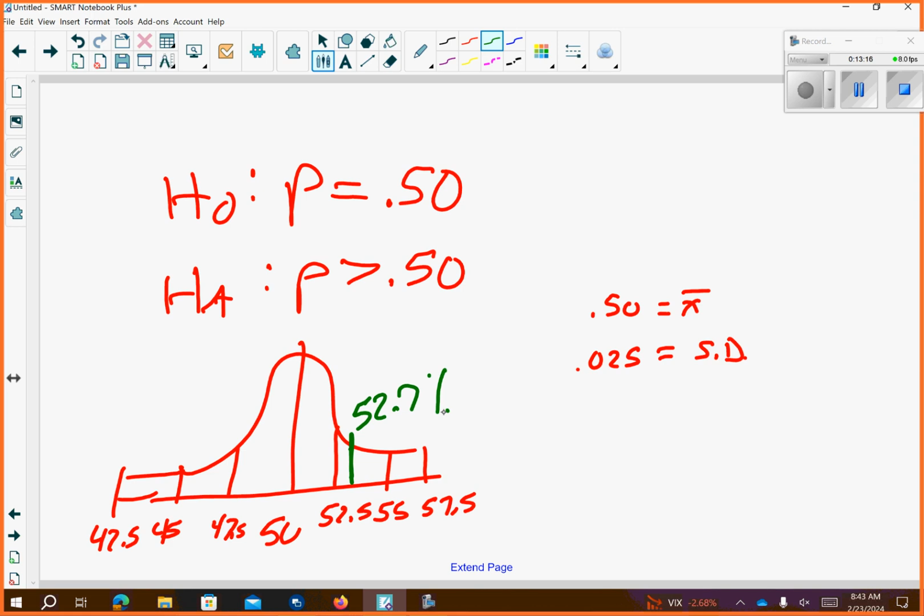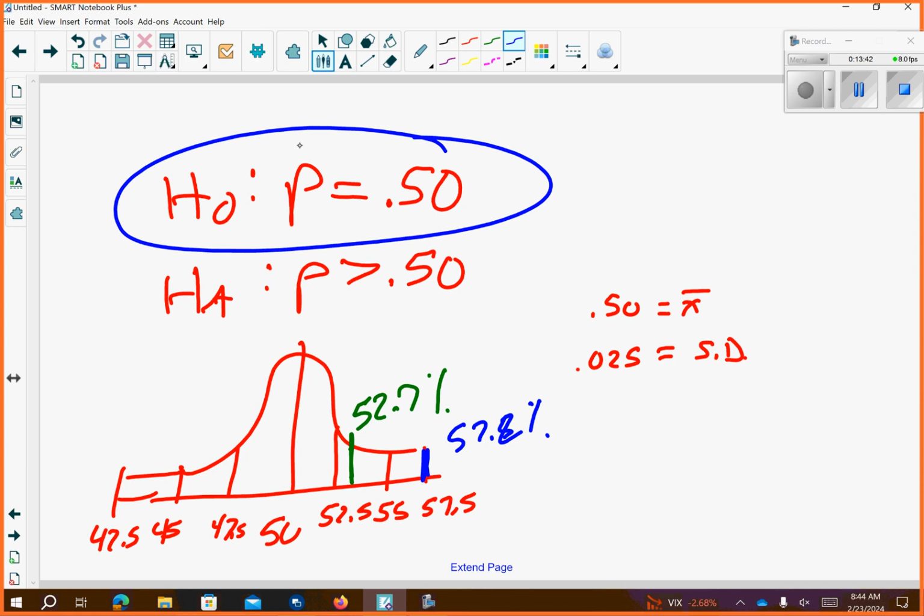If they said they were 57.5, so 57.5 is here, that's even further to the right. So in that case, if a random sample produced 57.2, actually 57.2, this is very far from the mean, strong evidence against the null.